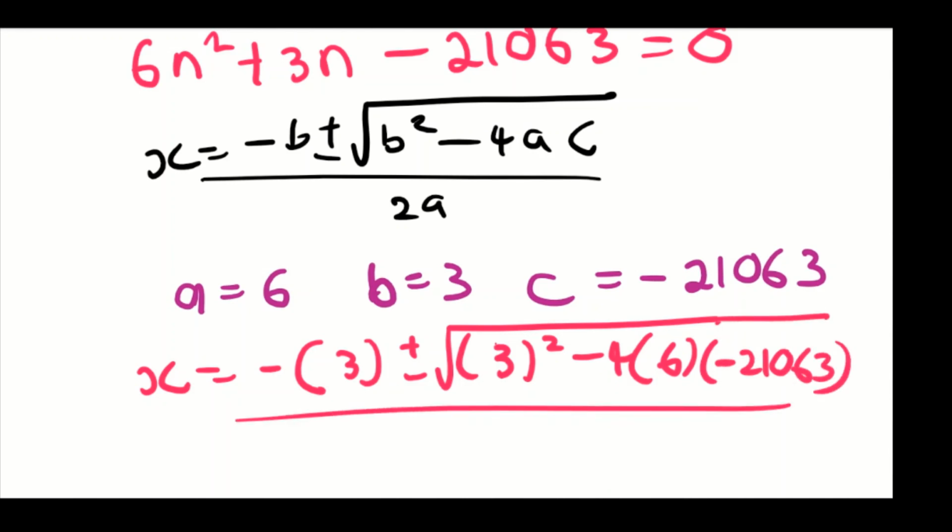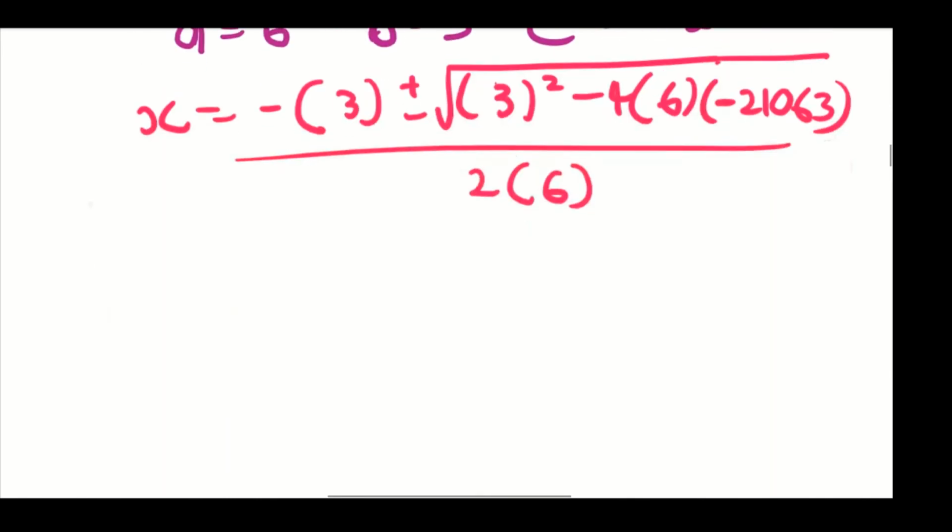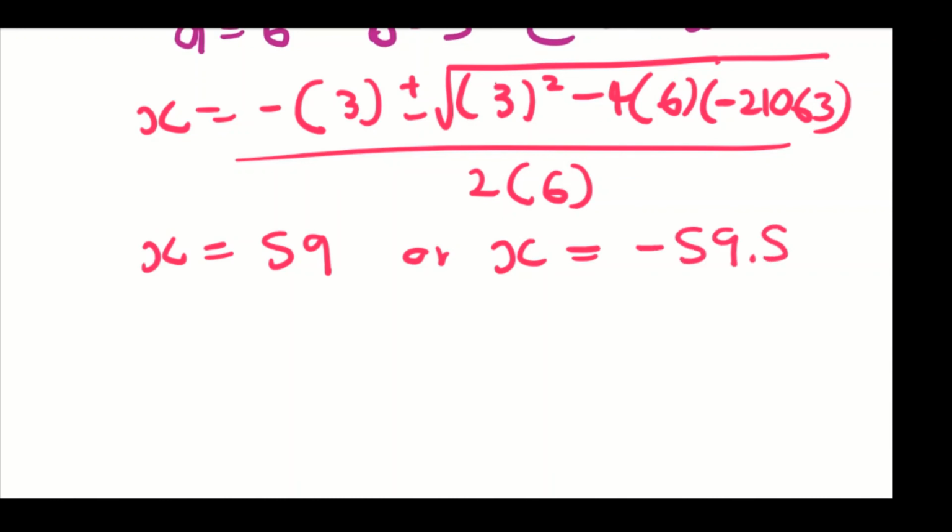Then you divide by 2 into our a, which is 6. So the x value that we're supposed to get is 59, or x equals minus 59.5, right?